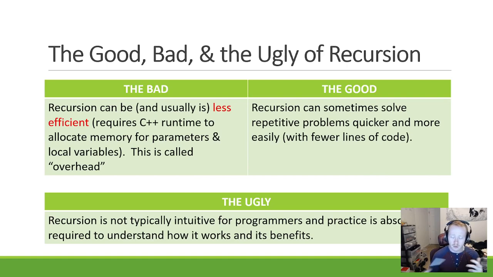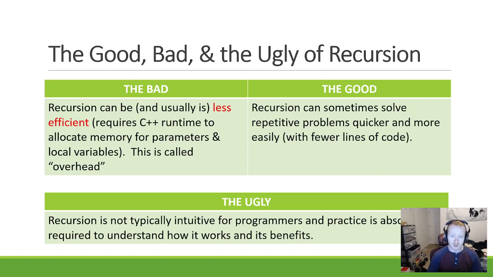This brings us to the good, the bad, and the ugly of recursion. The bad, it's not efficient. Every time you make that function call, your compiler and your computer have to set up a new function call, do all of this overhead, and it adds up.